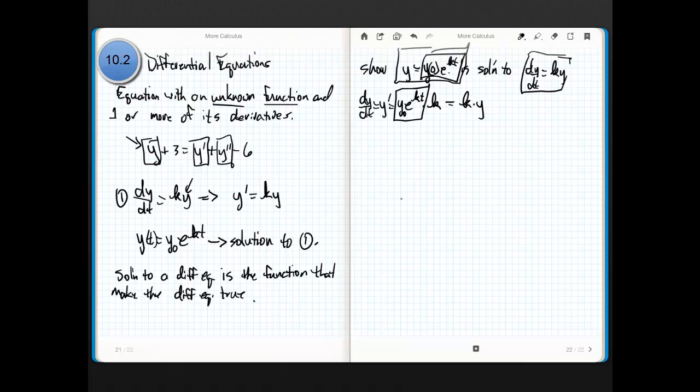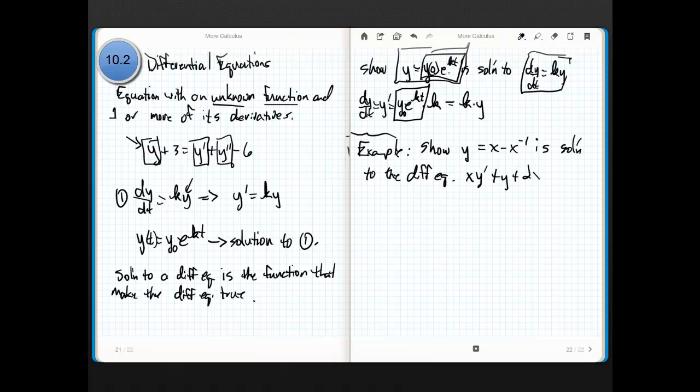Let's do another one, just for giggles. Let's do an example. We're going to show y equals x minus x to the negative 1 is a solution to the diffie-q x y prime plus y equals 2x.